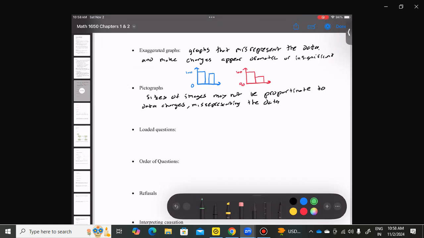Common one here is you have a dollar bill and it represents a certain value, let's say $1,000, and they want to show it doubles, but they double it in both directions.